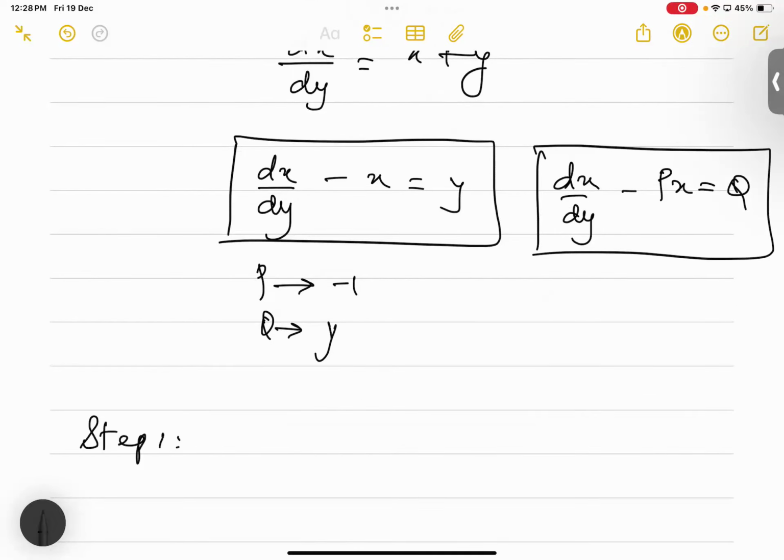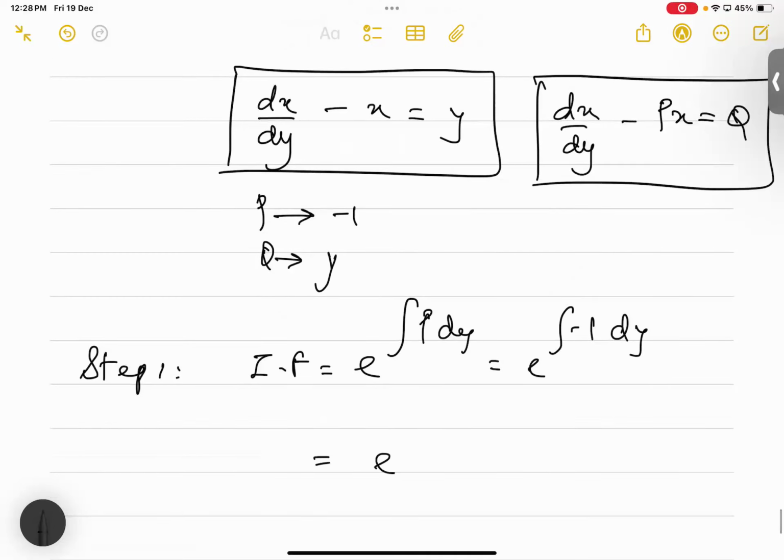Step 1. IF. Now this part is very easy for you. Guys, what is the integration of minus 1? Minus outside. Integration of 1 is x or y. In this case, it is y.